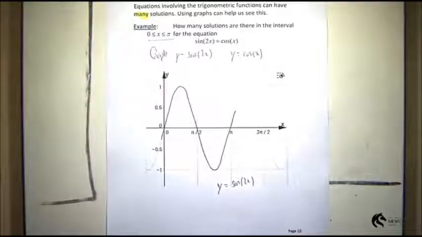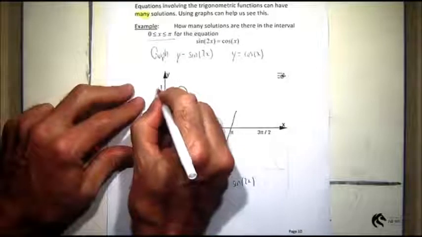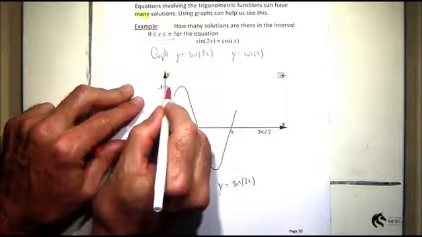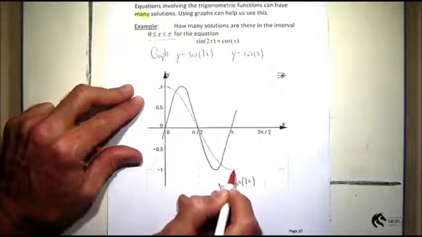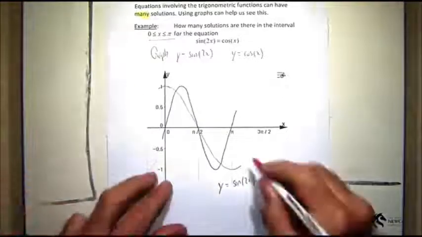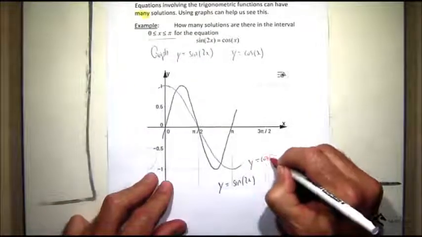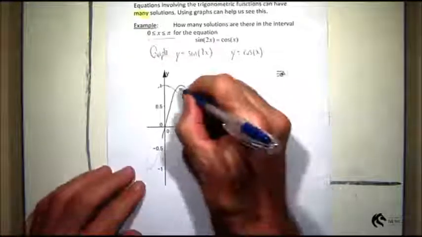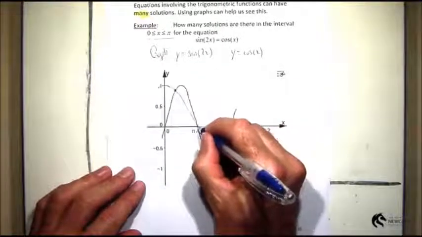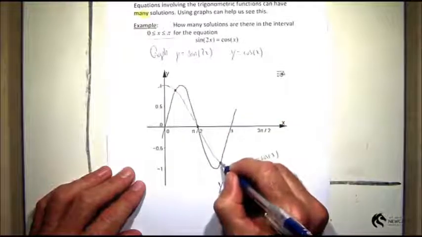I would then draw the graph of cos x. Here it comes, down nicely like this, down to there. So that's the graph of y is equal to cos x. And we can see as we look at those graphs that they intersect here, here, and here.